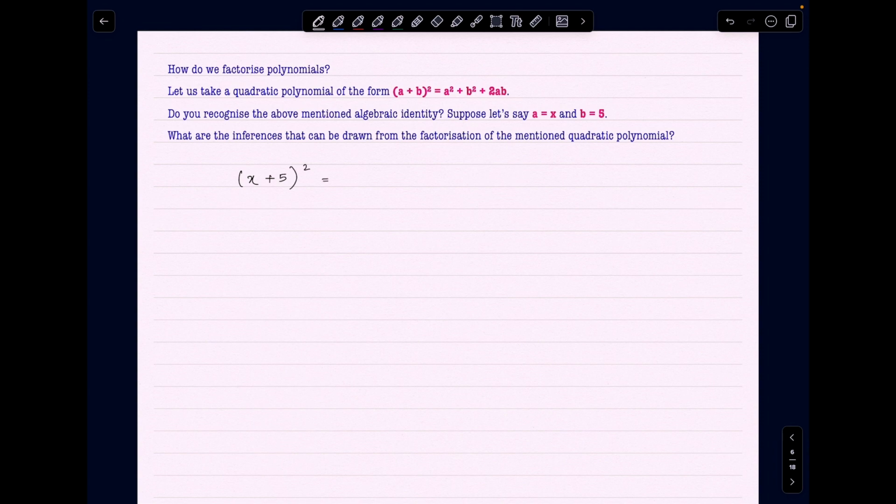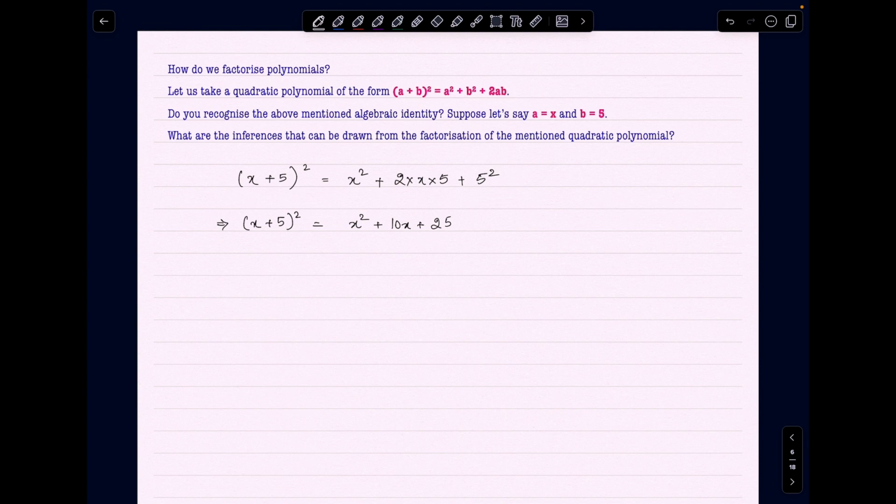a square is x square, and let me write the 2ab term in the middle, plus 2 into x into 5, plus b square is 5 square. So x plus 5 whole square equals x square plus 10x plus 25. Got my point?